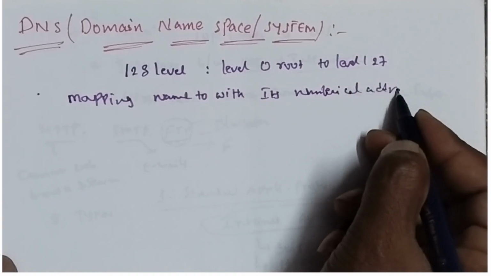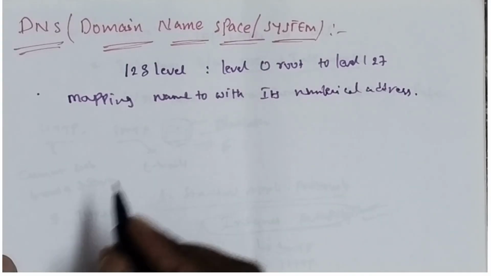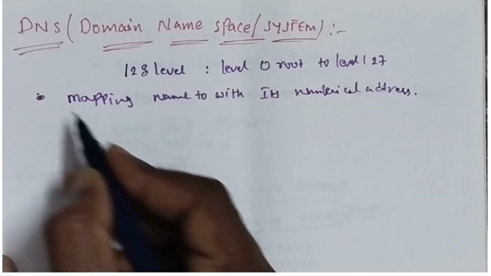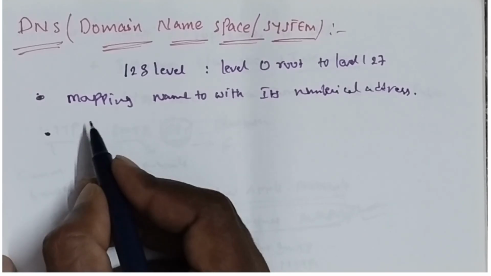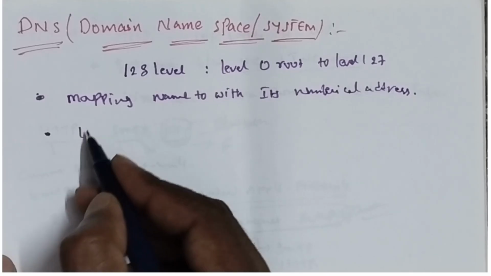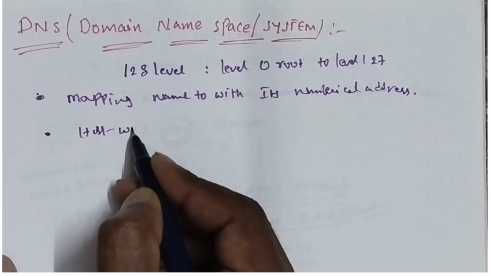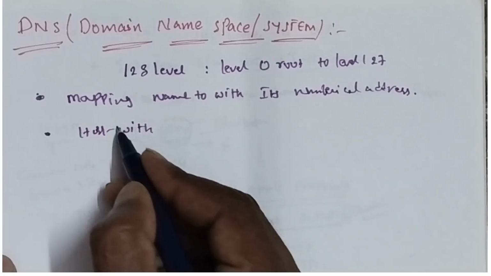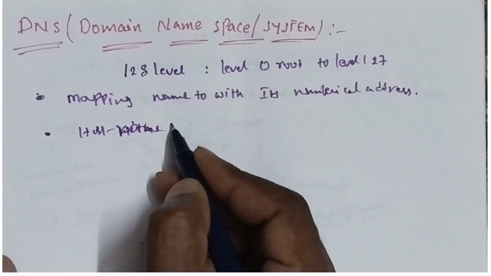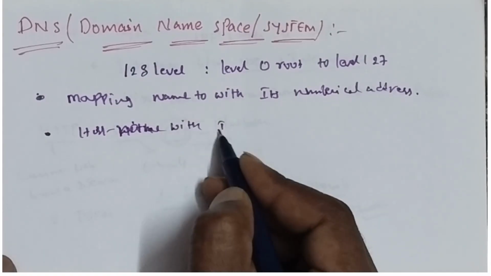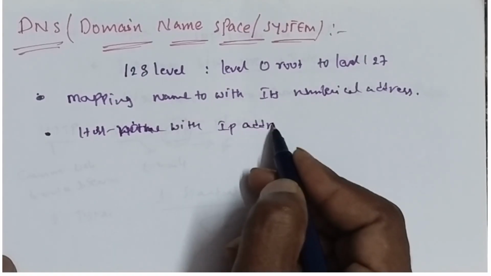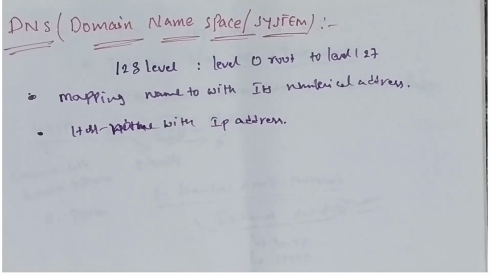To put it simply, DNS is nothing but converting a host name to an IP address. To browse any information on the internet, we should give the IP address of the particular service.